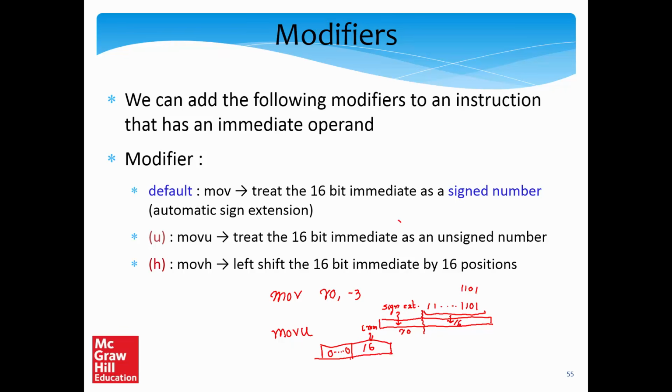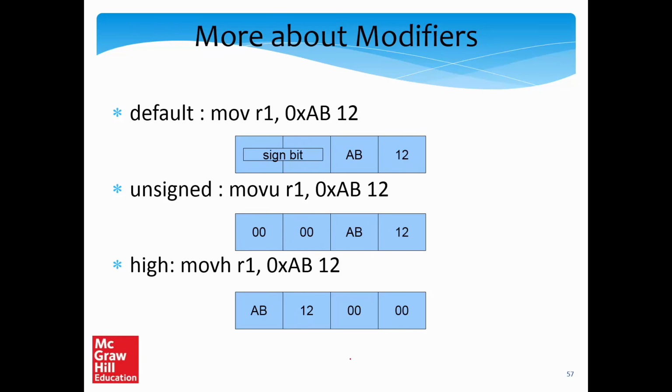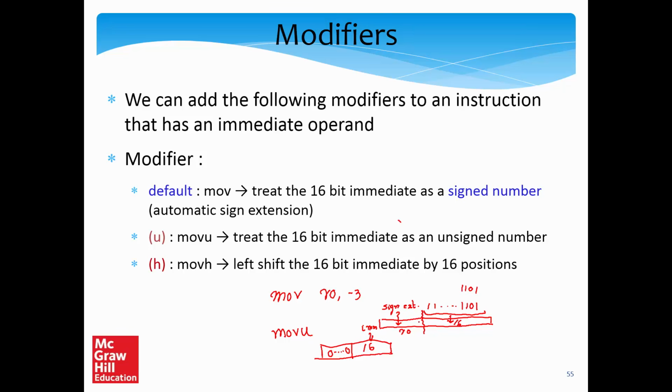And in move H, what is done? I have one diagram over here, but let me nevertheless explain it. In move H, what is typically done is that again, if we consider a 32-bit register with two 16-bit parts, the immediate gets loaded to the upper 16 bits, the most significant 16 bits, and the lower 16 bits are set to all zeros.